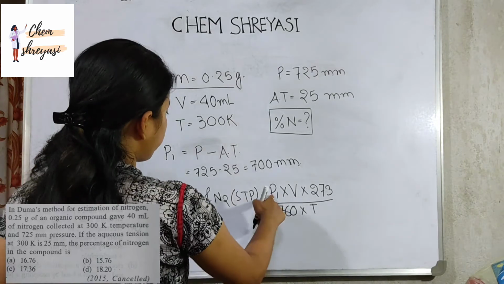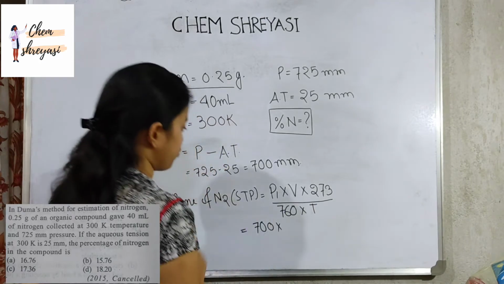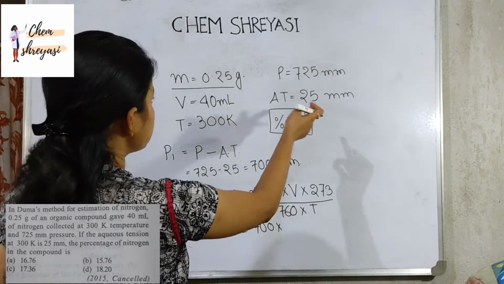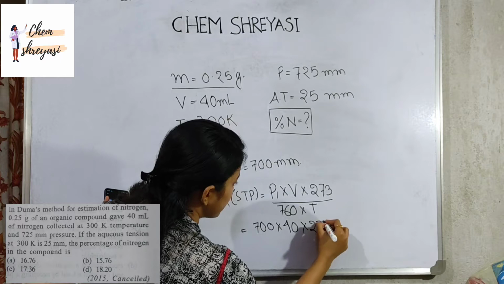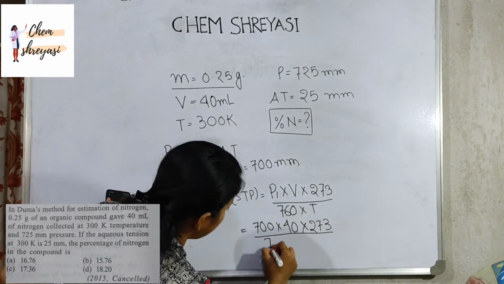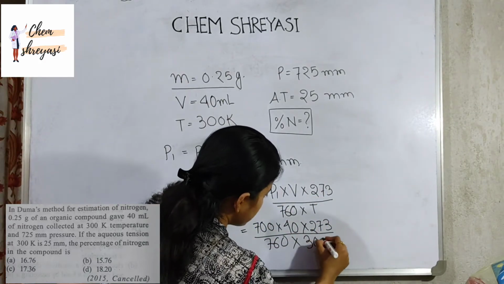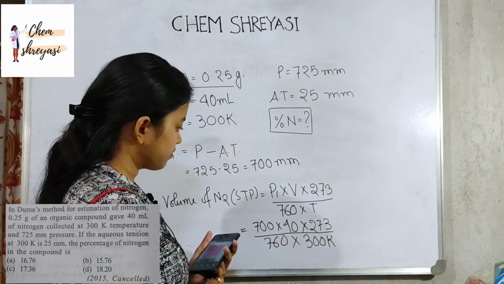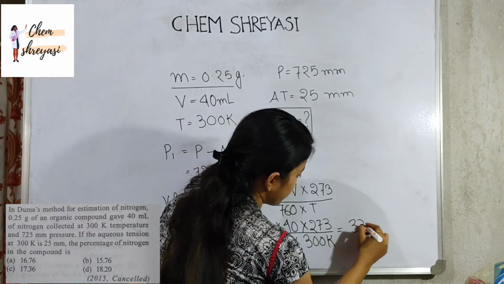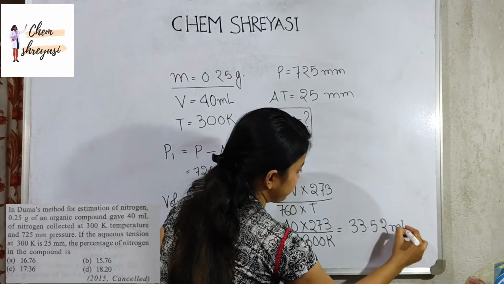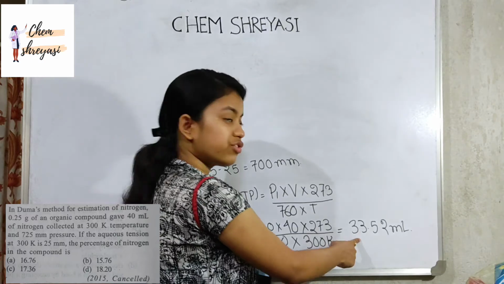In this case, P1, the actual pressure, is 700, so in place of P1 I'll put 700. The volume is 40 ml, so I'll put 40 in place of V. Then I'll put 273, and below it 760. The temperature is 300 K. After calculating this value, we get 33.52 ml. So we got our volume of nitrogen at standard temperature and pressure equal to 33.52 ml.